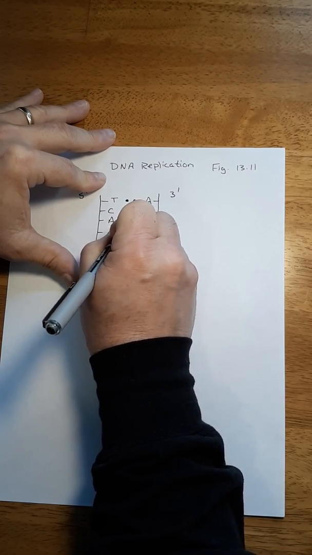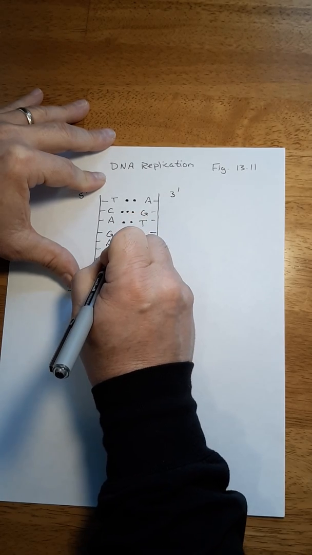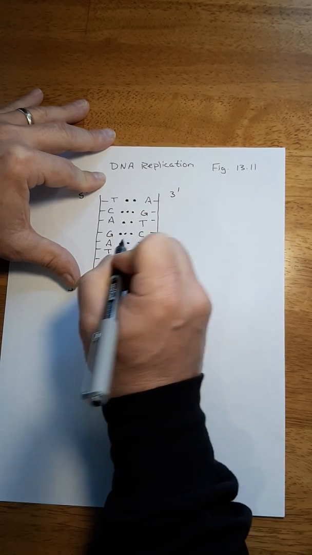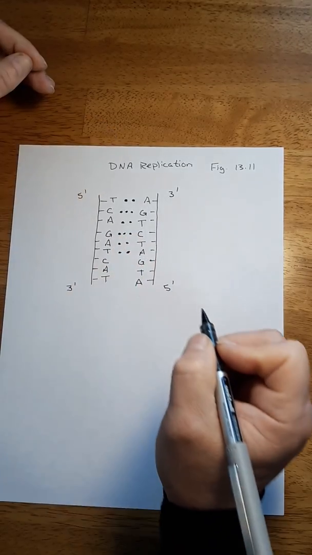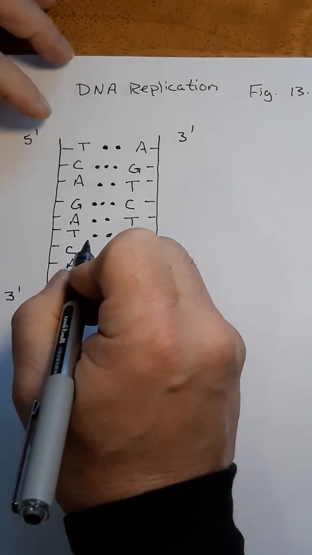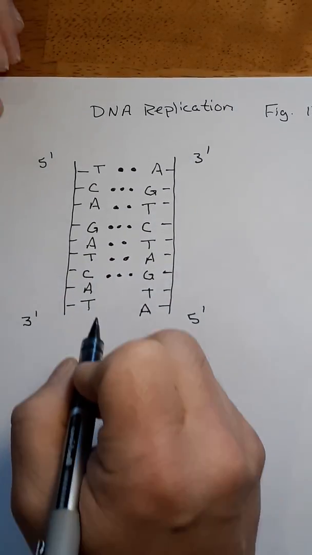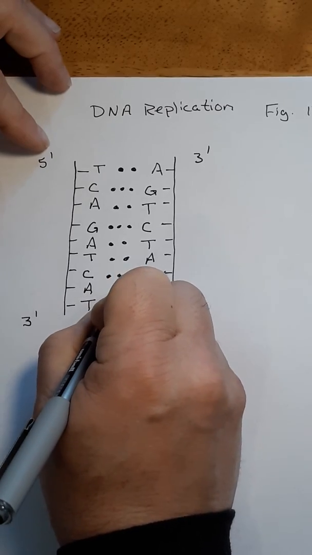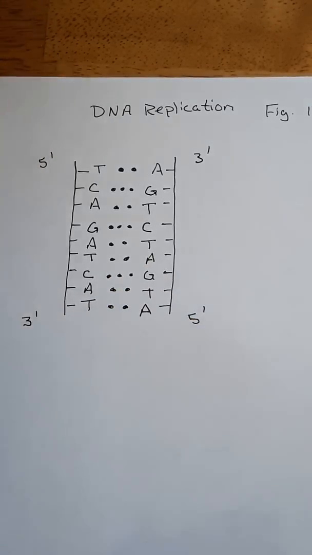So if you just want to go ahead and quickly draw in those hydrogen bonds. And just as a quick reference, remember that the unequal strain on the molecule caused by the different number of hydrogen bonds between the complementary bases causes that molecule to twist or coil into that double helix structure.